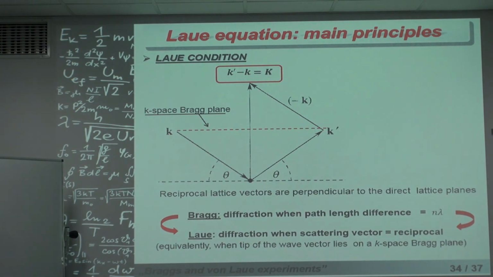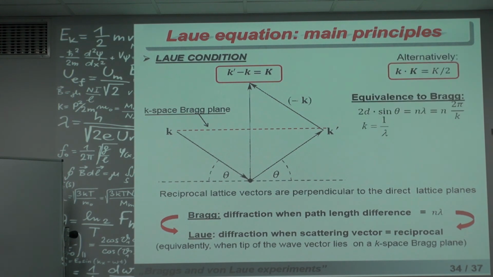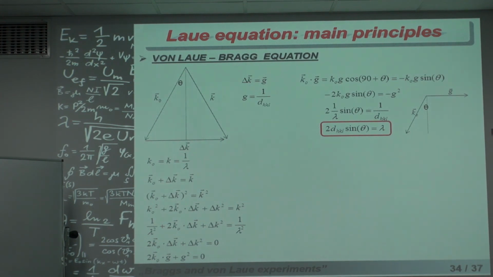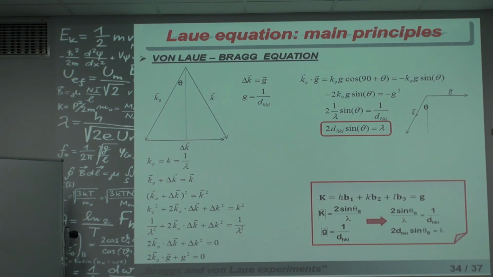And here, diffraction occurs with a scattering vector equal to a reciprocal lattice vector. The equivalence to Bragg is written here. The connection between the Laue and Bragg equations is very easy, and the simplest derivation is presented here in the box.